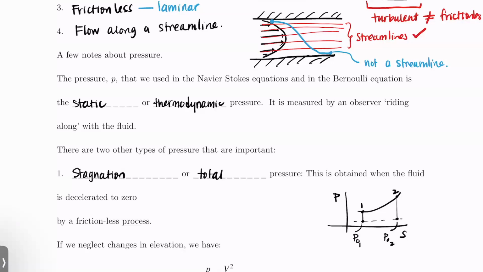I'm not going to ask you to draw these sorts of things, I don't think, but just for reference to tie the 2 classes together. Okay. So stagnation pressure, this whole deceleration of the fluid to 0 by a frictionless process is essentially a thought experiment, because how would you really do that, right? So that's what it is.